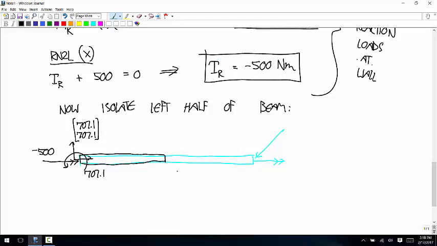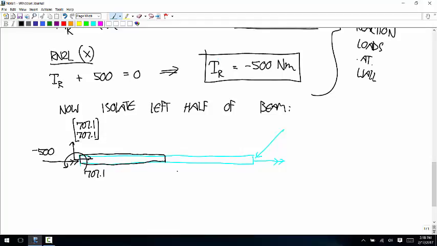Okay, so that means in order to counteract these forces, there has to be a force vector. To keep this 707.1 couple from rotating this part of the beam, we need a couple over here. And to keep this torque from making it spin this way, we need a torque on that side. And since this is a fixed joint, that joint is capable of applying all those kinds of loads.